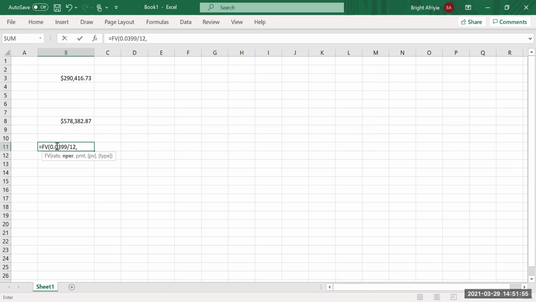Okay, and then do 12 by how many years? 42 years, right? Comma, minus 375. Okay, so you have the balance to be 488,146.87 as your balance.